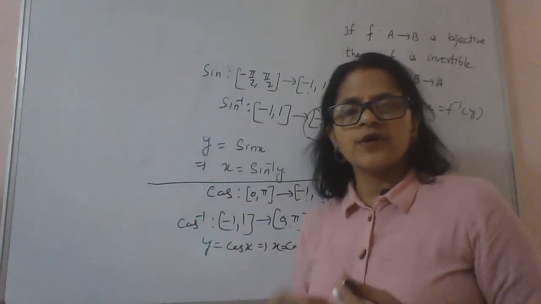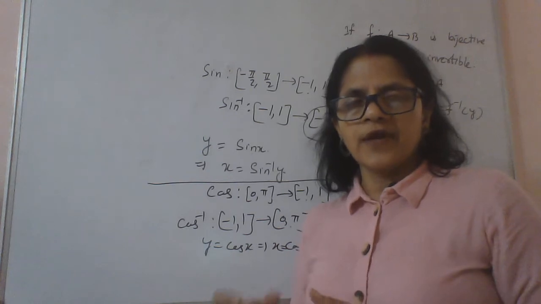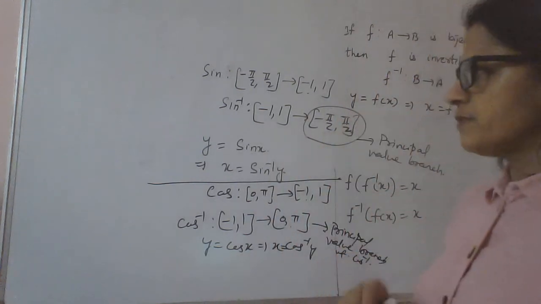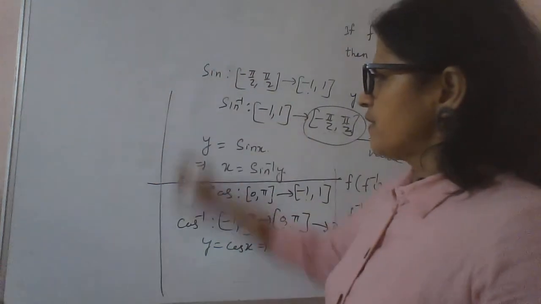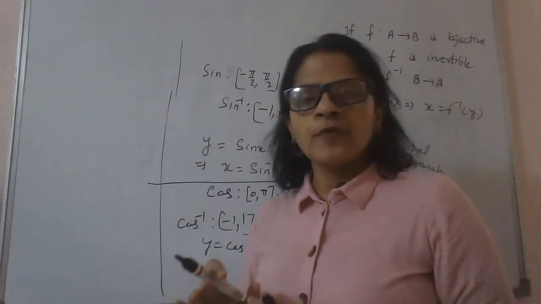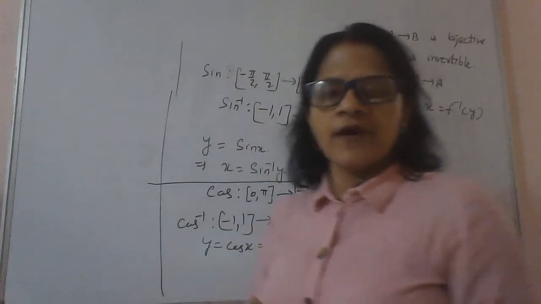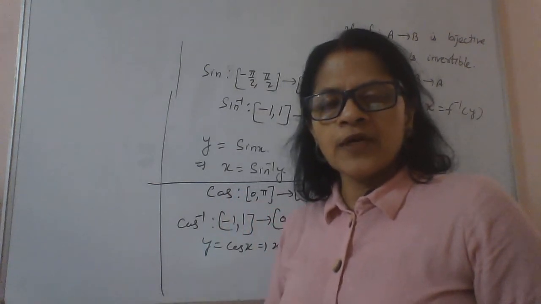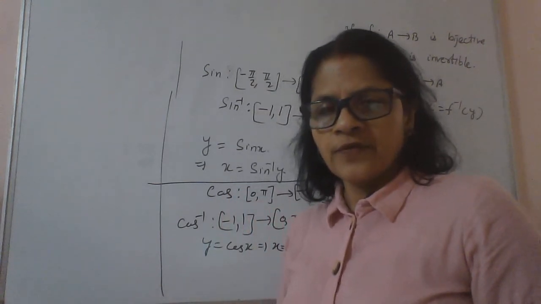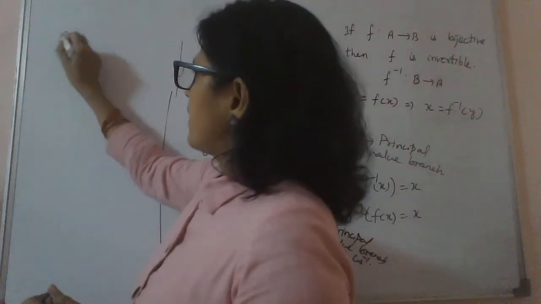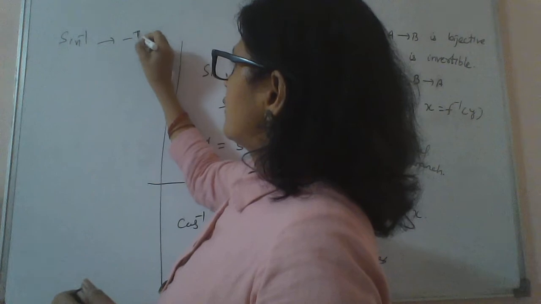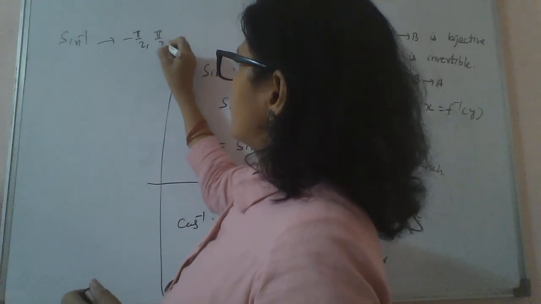Similarly, for all the trig functions we can now find the principal value branches. So what do principal value branches mean? Basically, they are the intervals in which the respective inverse trigonometric functions exist. For example, sine inverse exists in the closed interval minus pi by 2 to pi by 2.